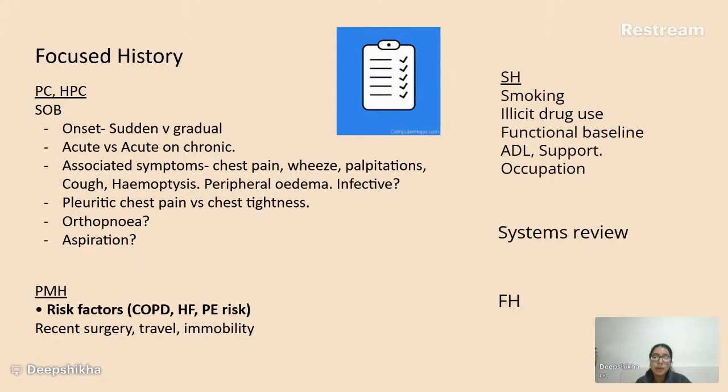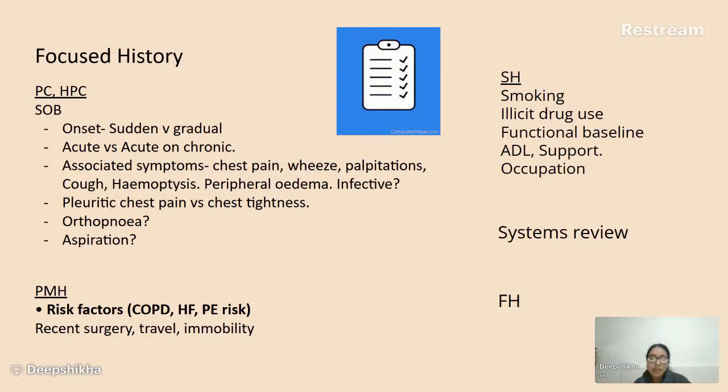Associated symptoms, you might want to ask about chest pain. Are they wheezy? Are they having any palpitations? Do they also have a cough? Are they coughing up any blood in their sputum? And do they have any peripheral edema at home, if they've ever noticed?